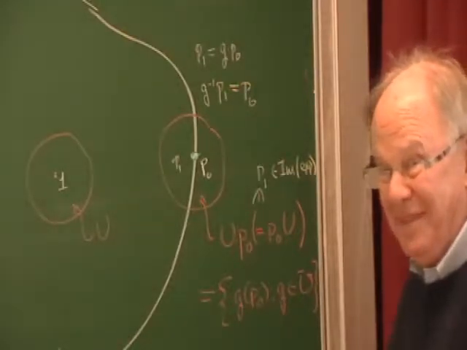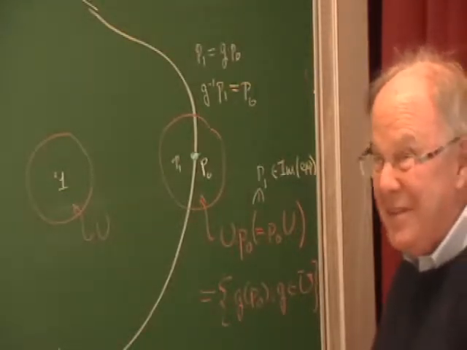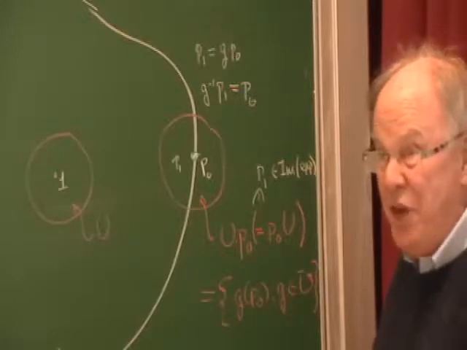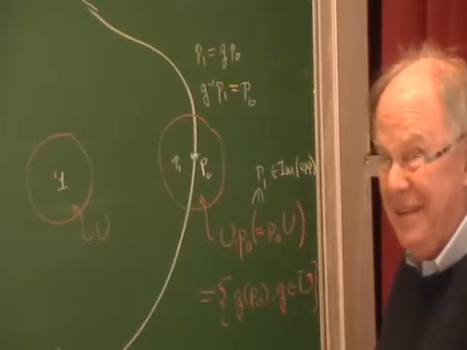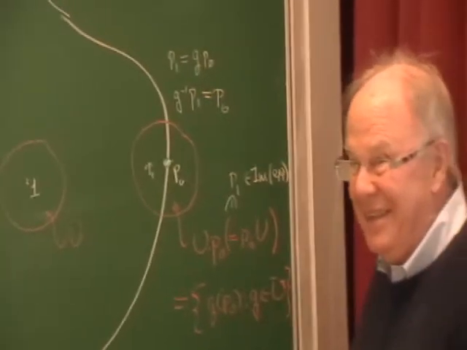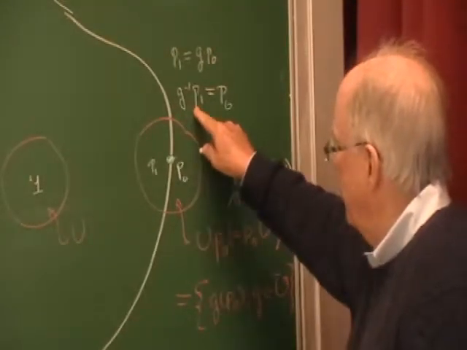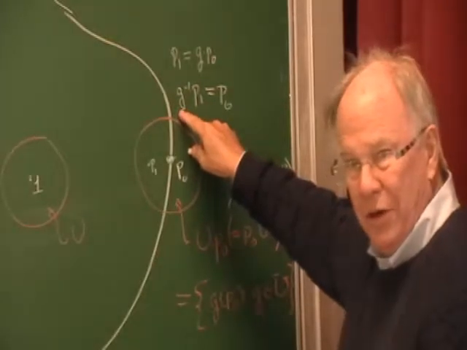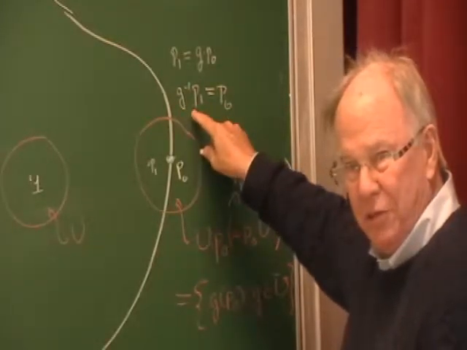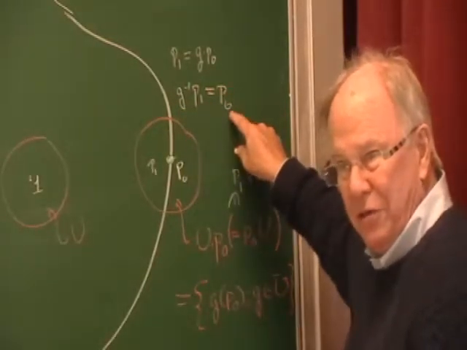Isn't this amazing? I'm done with the proof. Do you get it? P1 is in the image, G is in the group, therefore G inverse of P1 is in the group, therefore P0 is in the group.